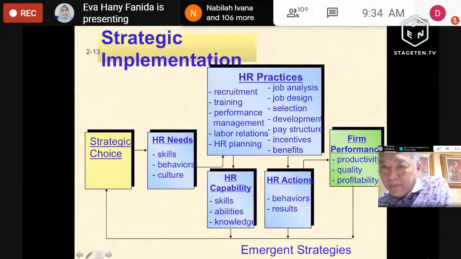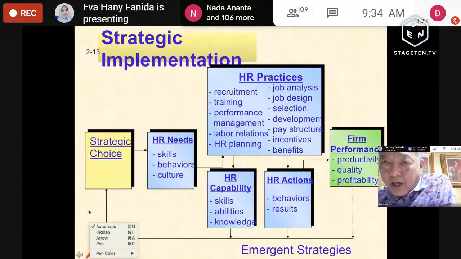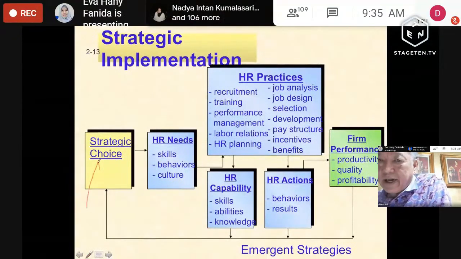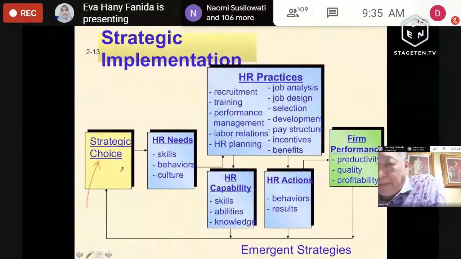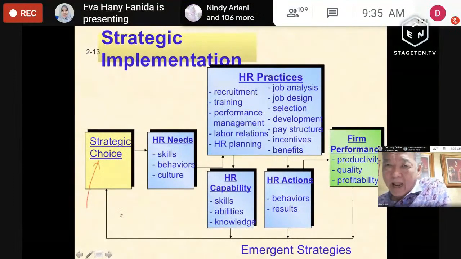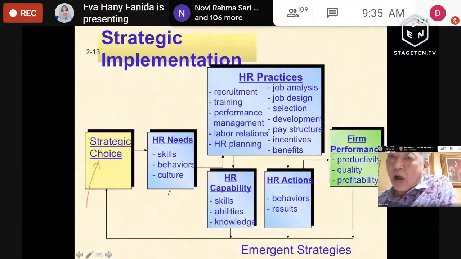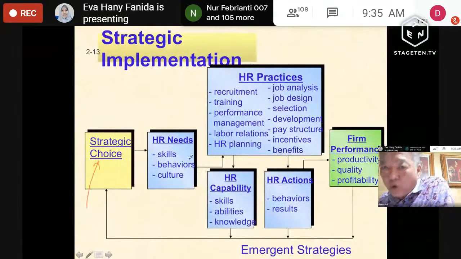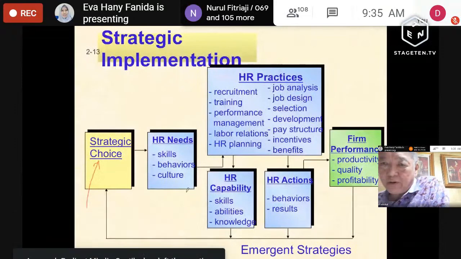The first box is strategic choice. Strategic choice is the same as the strategic choice in the former picture. After the company or organization chooses the best strategic choice, we are going to utilize HR functions to help the organization achieve the goal.